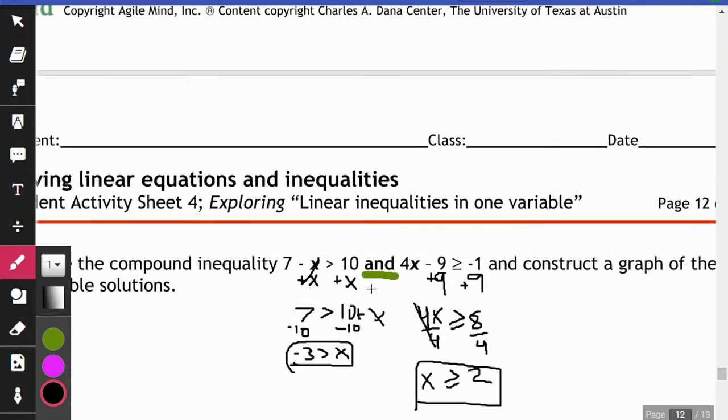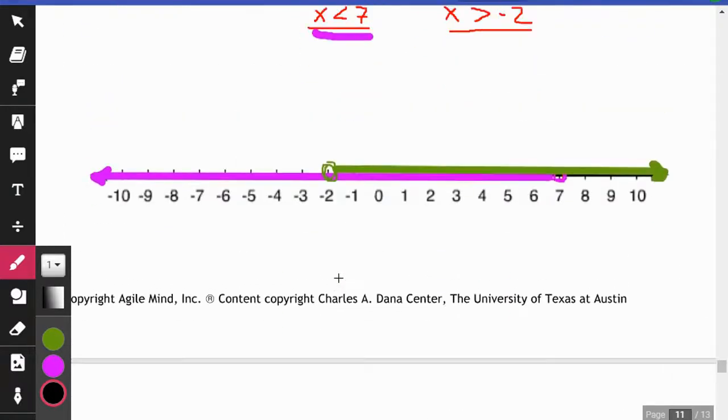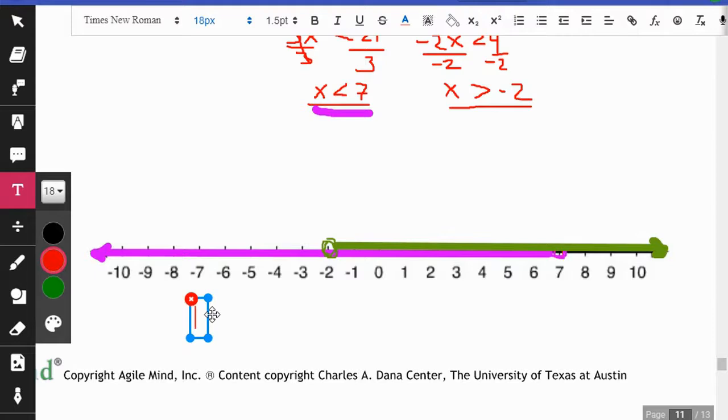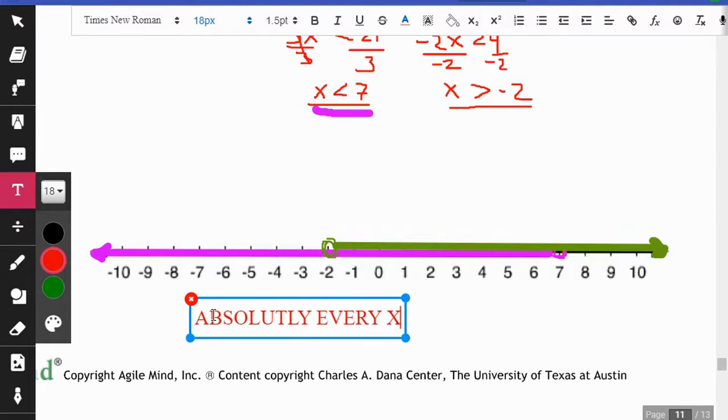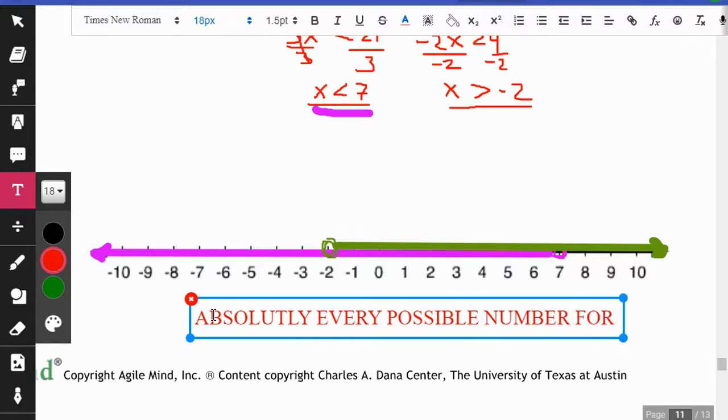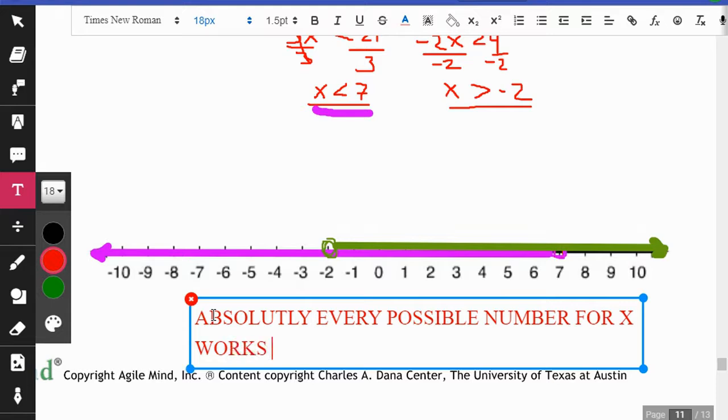Okay. In the last graph, just to be absolutely clear, every x was a solution.